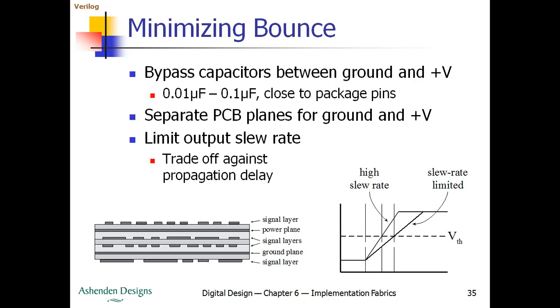But if I limit this slew rate, this will make the speed of operation slow. Why? Because the basic definition of slew rate is the rate of change of output voltage, and if the slew rate itself is limited, the speed of operation will obviously become slow. Therefore, we have a trade-off between propagation delay, speed of operation and noise handling.